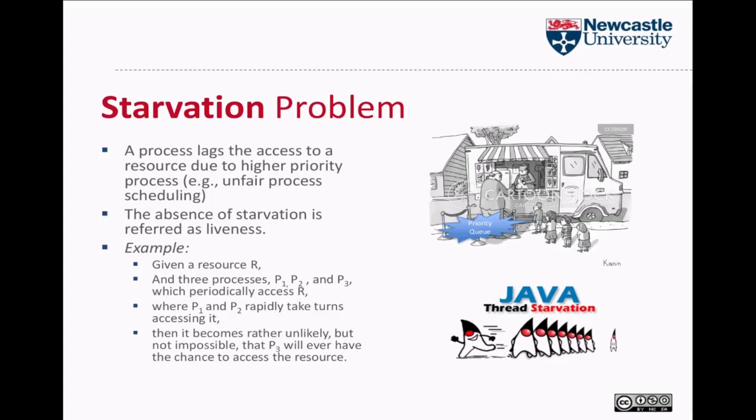Then, why do I say that deadlock implies starvation but not vice versa? Because for deadlock you will never obtain access to the resource, and the definition of starvation is that it becomes rather unlikely but not impossible. So you are falling under the rather unlikely.